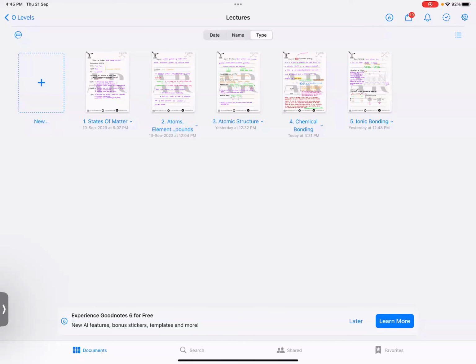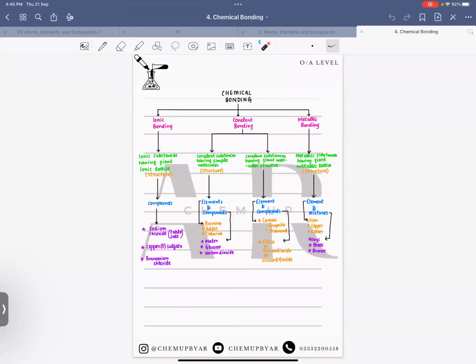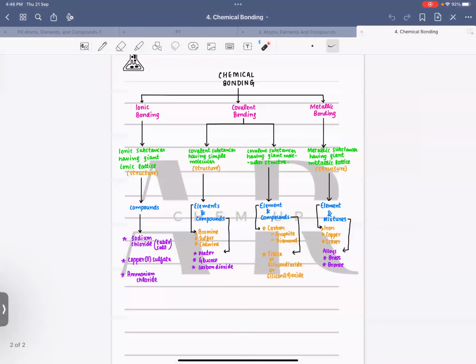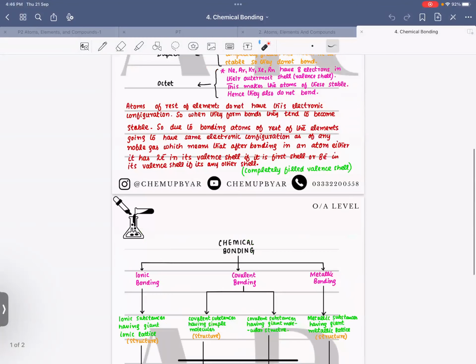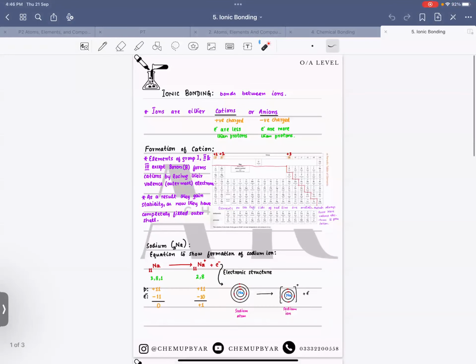So we are just going to do the introduction of ionic bonding today, and in our next class we are going to continue with ionic bonding. But before that, I want you guys to have a periodic table with you. Okay, just paste it at the end of your notebooks.